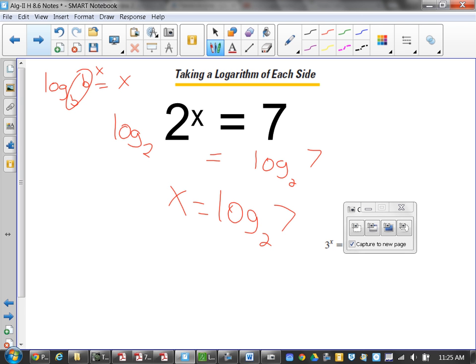The same thing. That makes sense. Alpha window number 5, log base 2 of 7 gives me a decimal of 2.81.